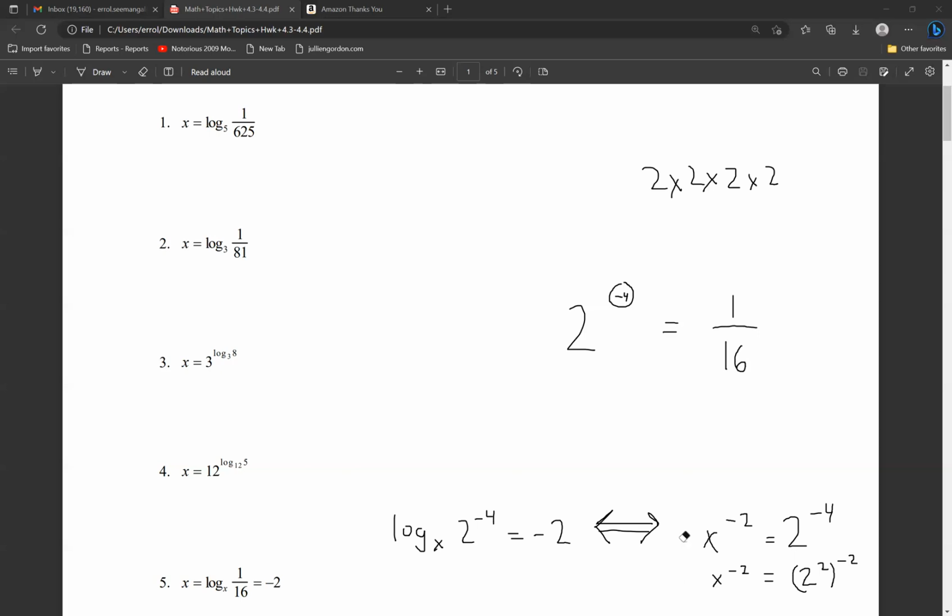Let me check. Wait a second. It says x equals log, that equals -2. Well, I need the same base. We need the same base for us to equate the exponents.